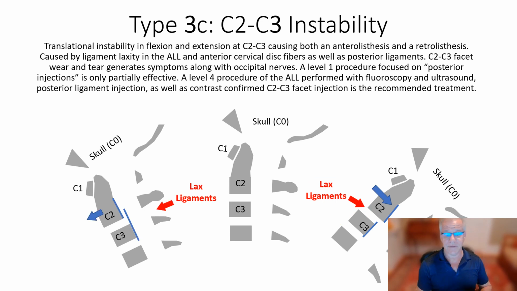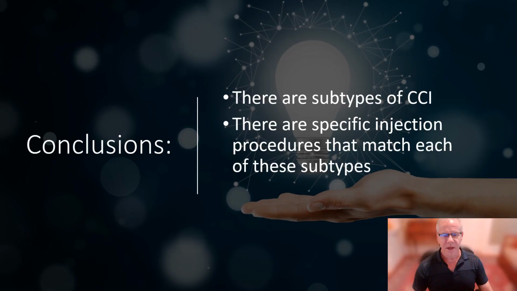Then obviously we can have a case where it's doing both, going forward and going backwards. Obviously need injections in the back and injections in the front. So to wrap this all up, there are subtypes of CCI, and this is an injection-focused subtyping system. But you have to treat the specific ligament that's damaged or stretched in order to get a result.